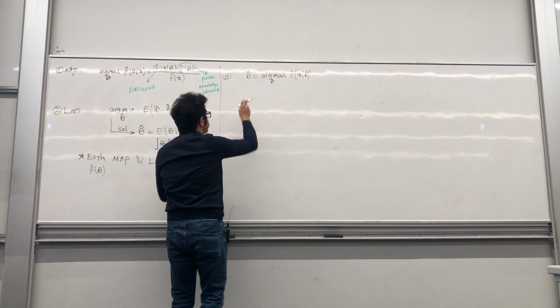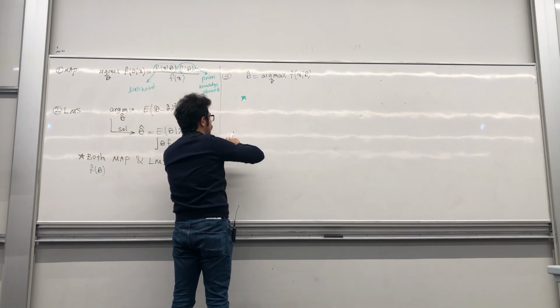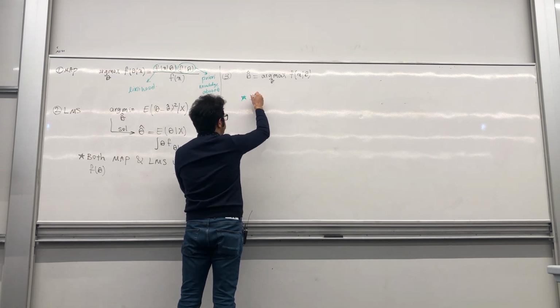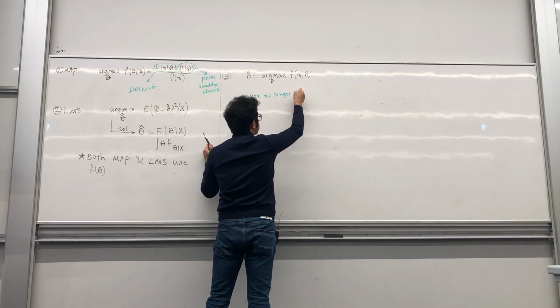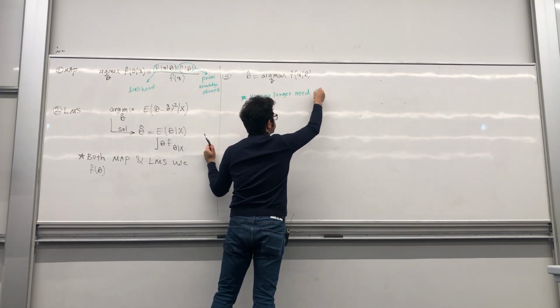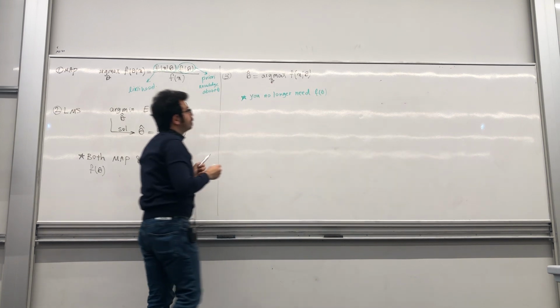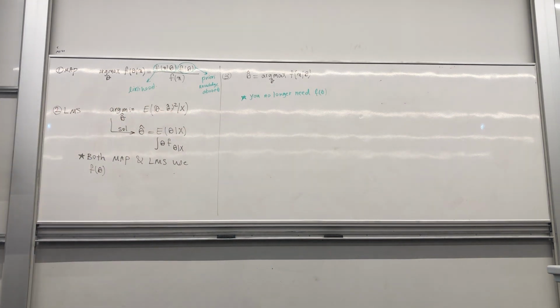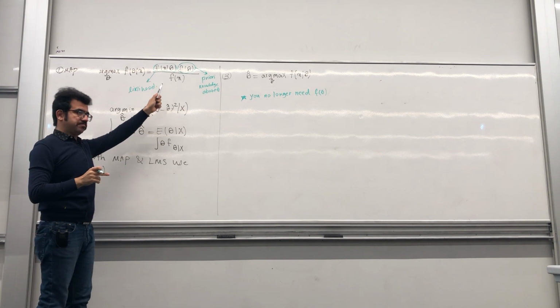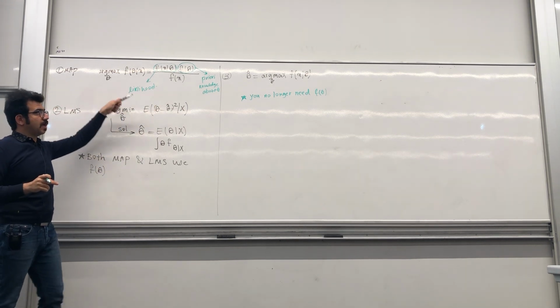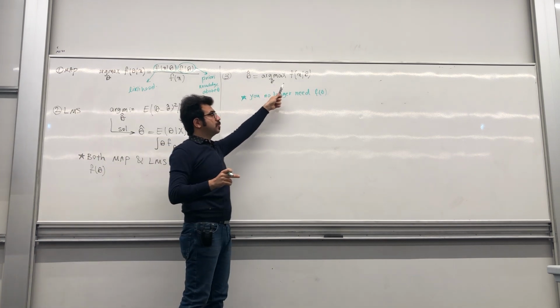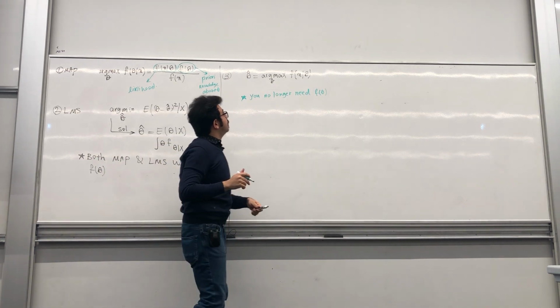So the good thing about likelihood is that you no longer need f of theta. That's the point. So if you see a question where f of theta is given, you most likely need to use one of these approaches. Otherwise, the only option you have is MLE.